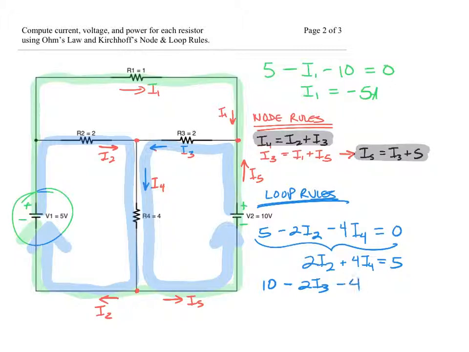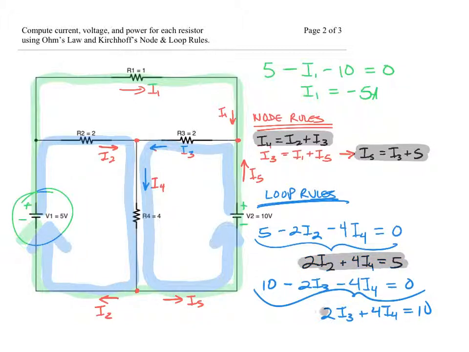That 4I4 will pop back in and then we'll come back to 0. And this equation, again, same little trick, equals 10. So now I have this equation and this equation.